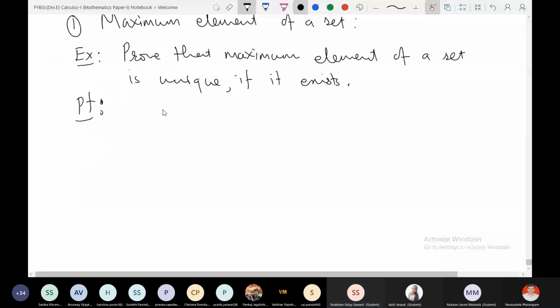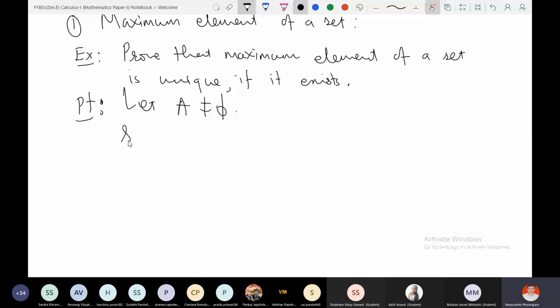Right, very good. So let A be a non-empty set.